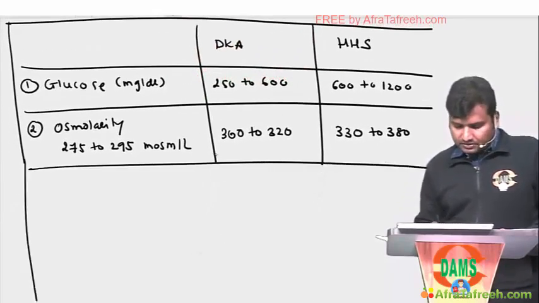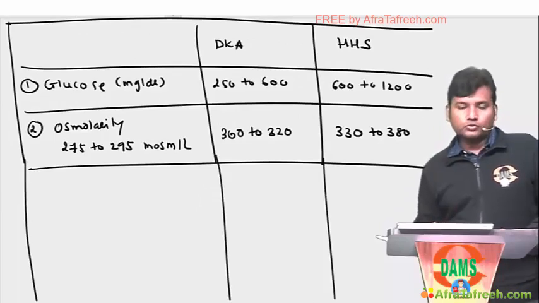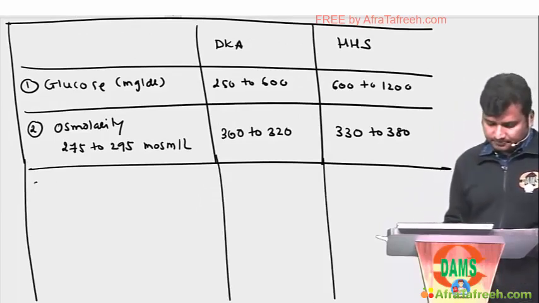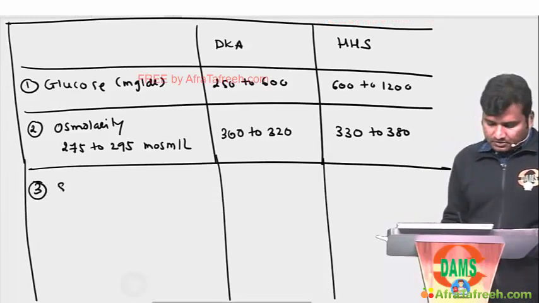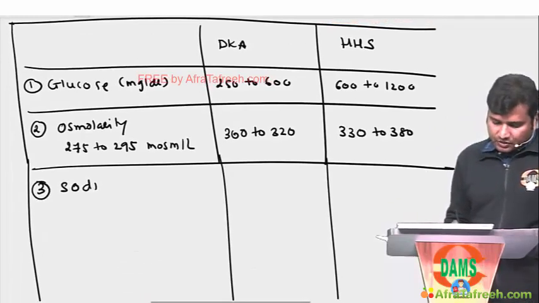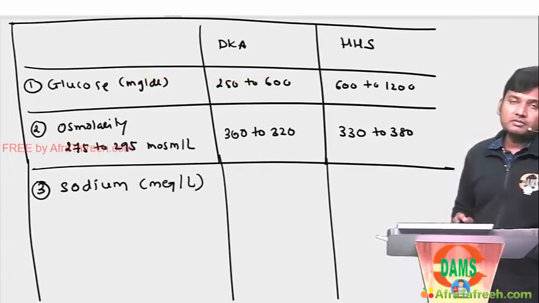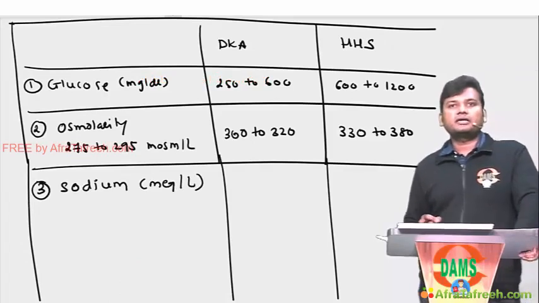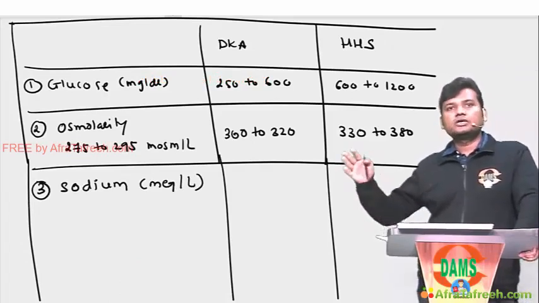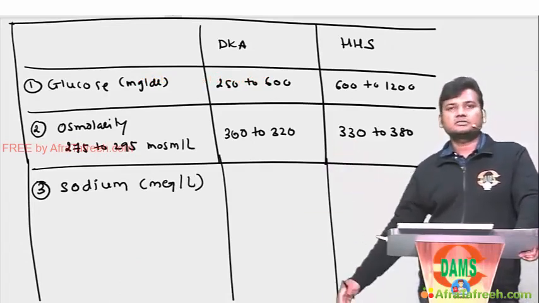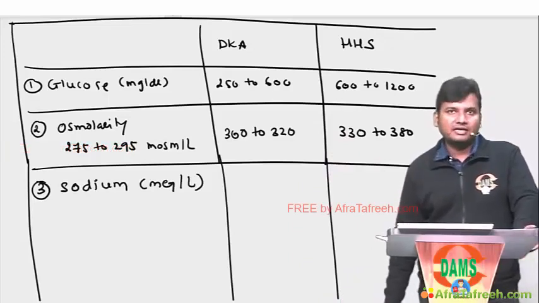Now, next is serum sodium level. As I told you, when serum glucose increases by 100 mg per dl, sodium concentration decreases by 1.6 milliequivalent per liter.